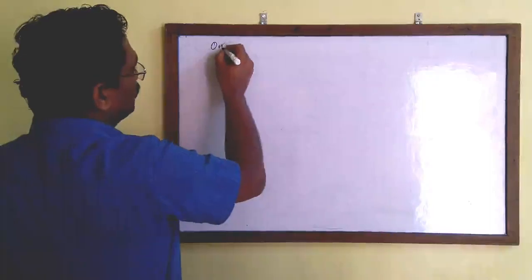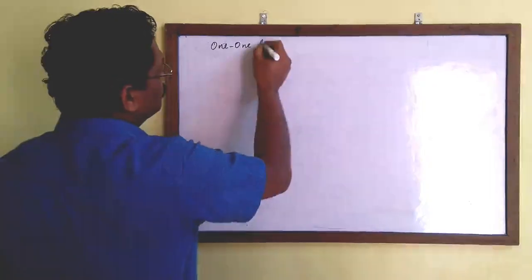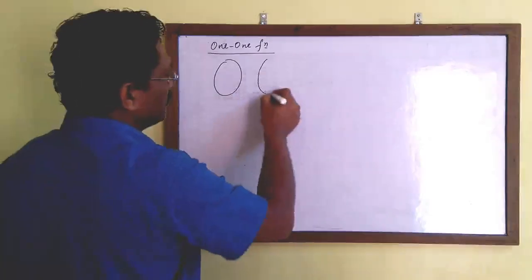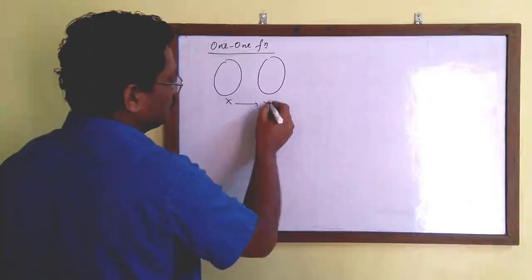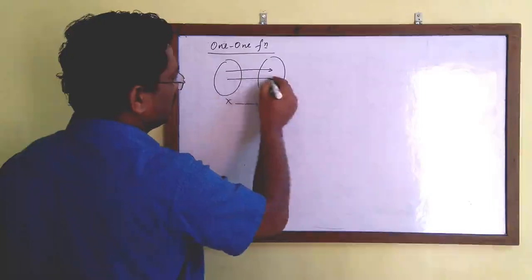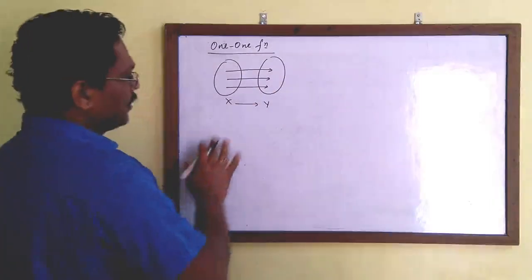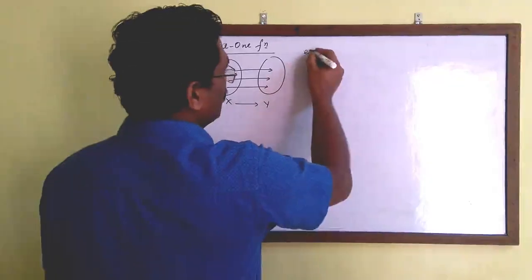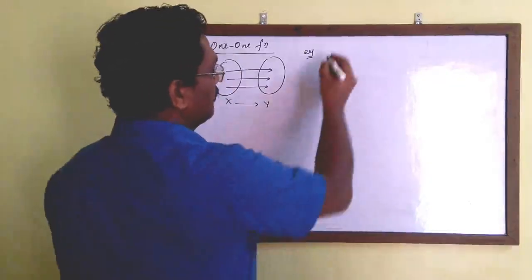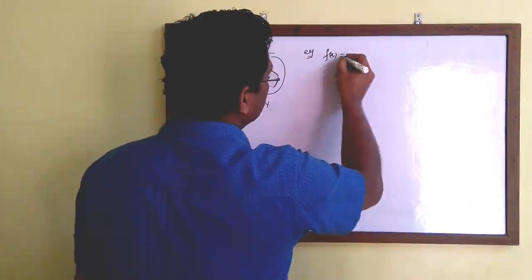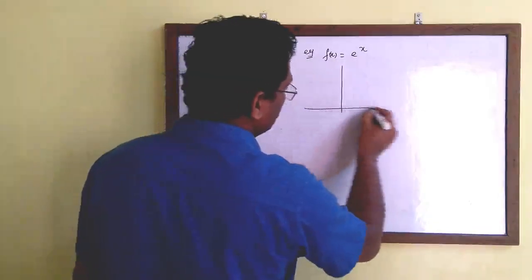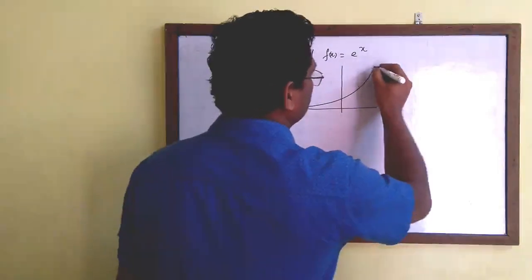Now, in mapping, how does it look? In mapping, I can see that one value of x corresponds to exactly one value of y. This is how the mapping looks. But for problem solving, let us take a couple of examples. Suppose I take f(x) equal to e to the power x, which forms a graph like this.